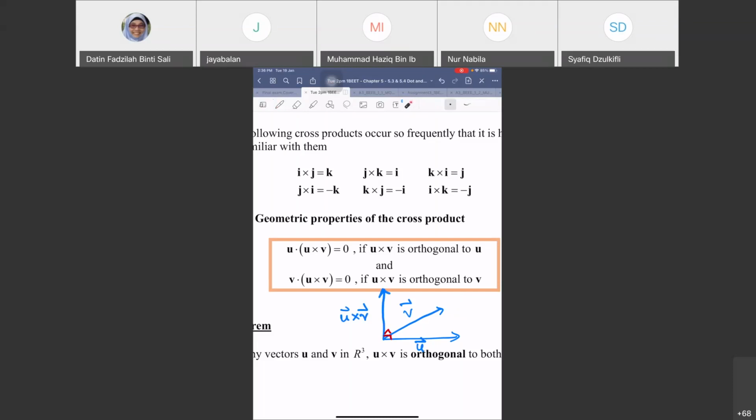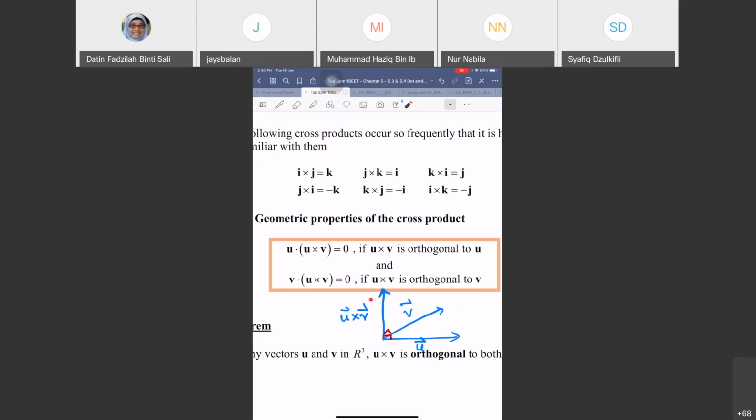That means this vector u here is perpendicular to u cross v, as well as this vector v also is perpendicular to u cross v. So if you dot this vector v with vector u cross v, you will definitely get 0.